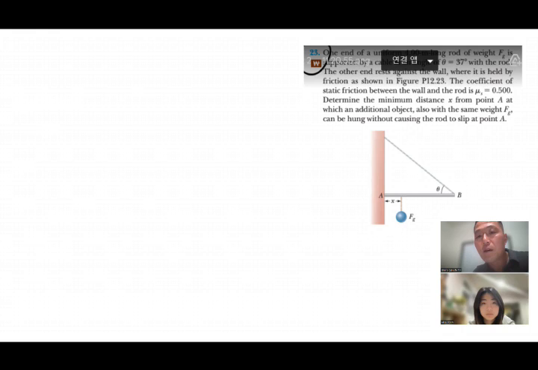The coefficient of static friction between the wall and the rod is 0.5. Determine the minimum distance x from point A at which an additional object, also with the same weight Fg, can be hung without causing the rod to slip at point A.